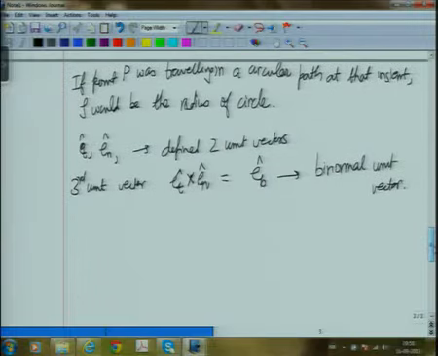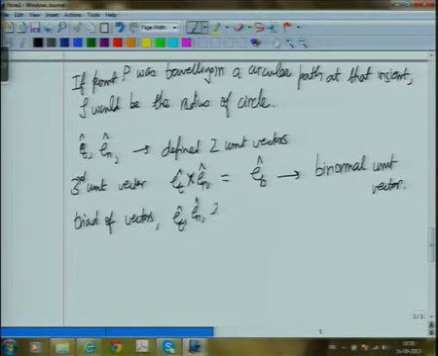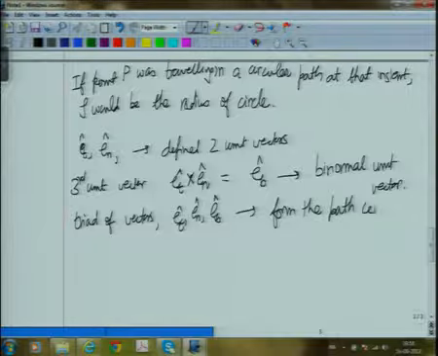So, what we have is a triad of vectors Et, En, Eb, and these form the path coordinates.